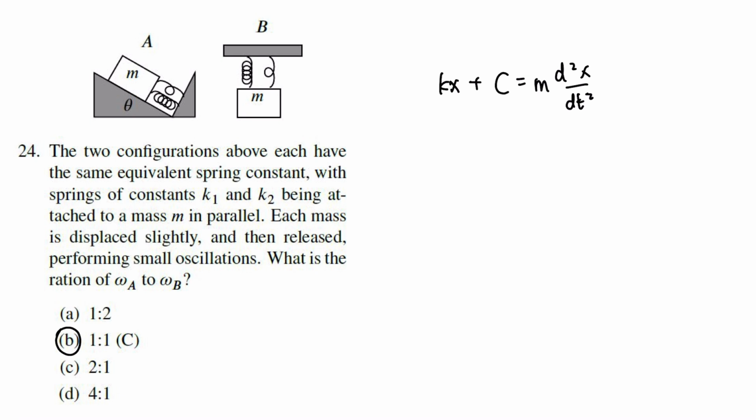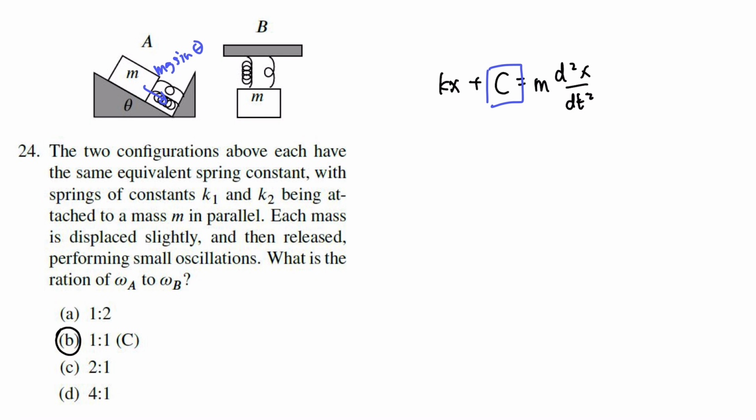In this case, the c value would be some constant force, which in this case would be the mg sine theta component of gravity. Kx will be the position-dependent force. It could be the spring force or it could be something else. And m is obviously the mass, a constant value, and d squared x dt squared is the acceleration.